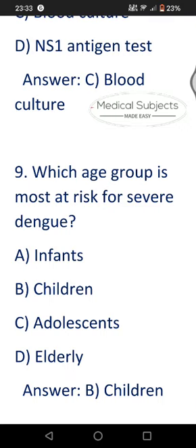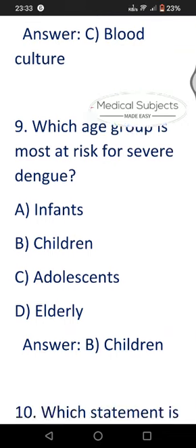They wear shorts, whereas adults wear long full sleeved clothes. The children are more exposed to the mosquito, and hence they are more at risk of developing dengue fever.